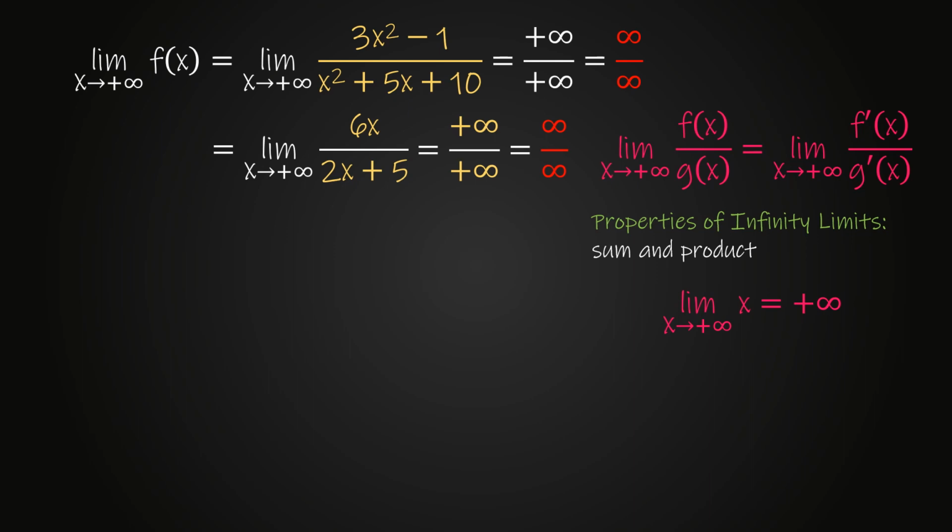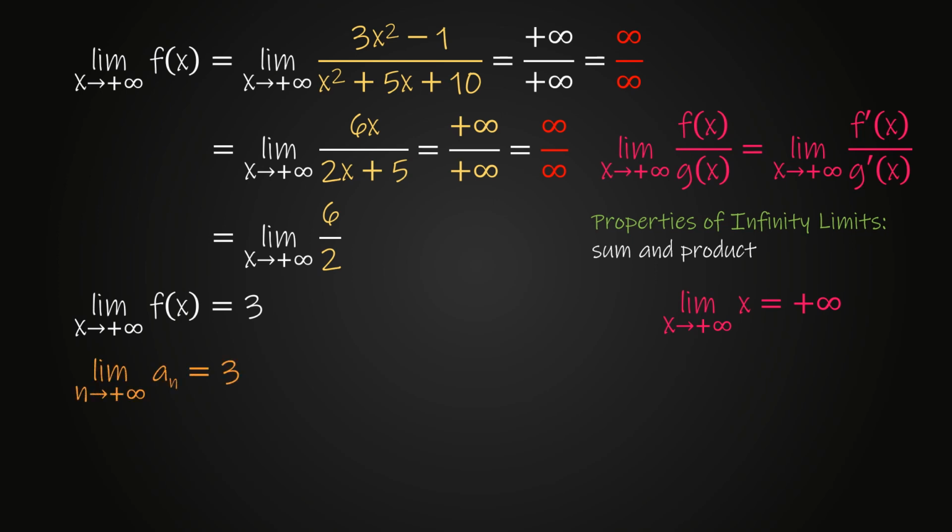Differentiate the numerator and the denominator again. The limit at positive infinity of the rational function is 3. Therefore, the limit of the sequence is equal to 3. That is, the sequence converges to 3.